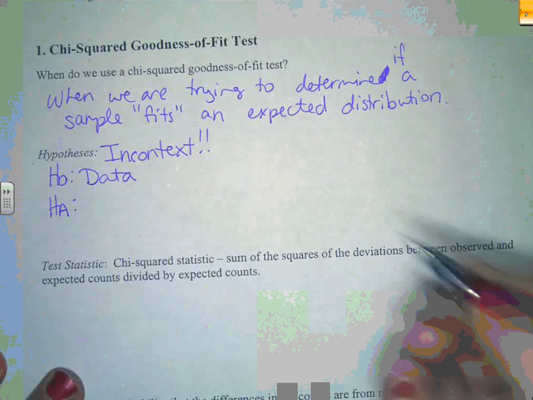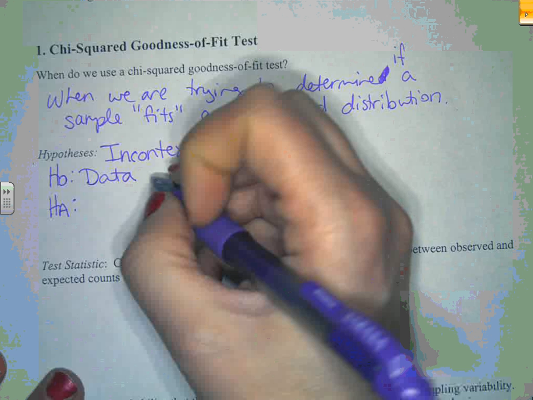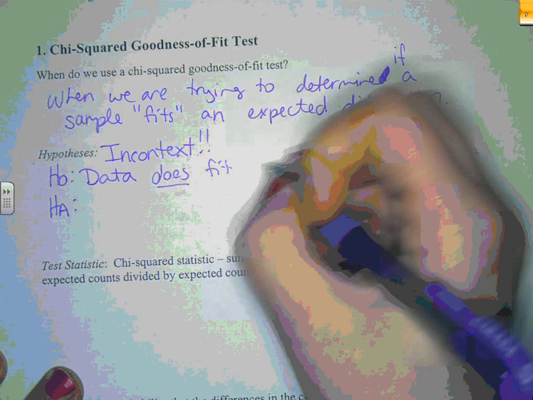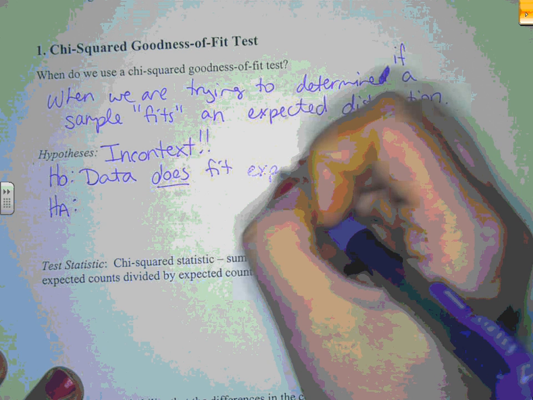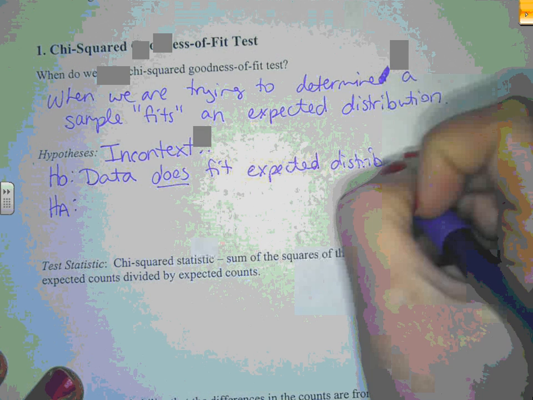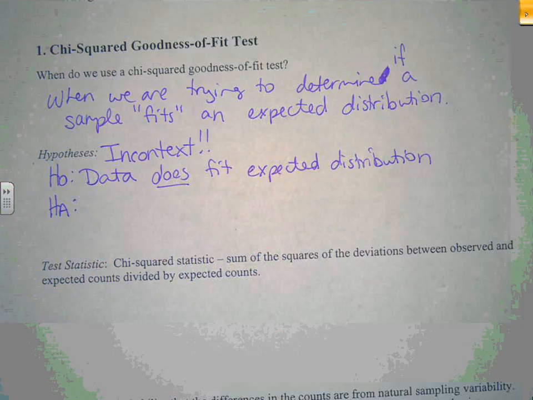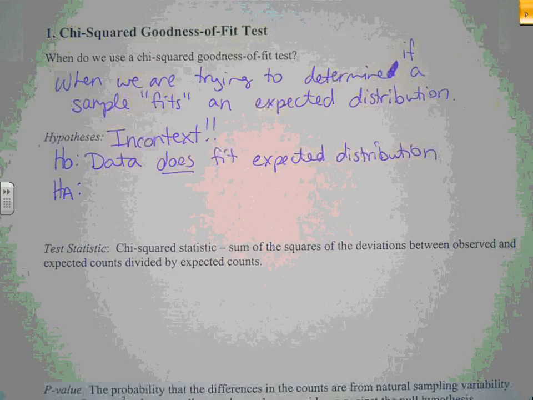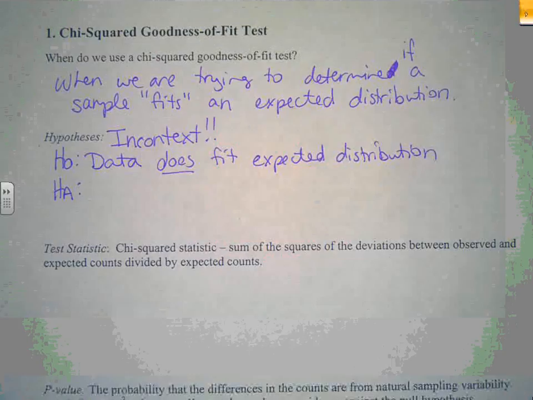Basically the null hypothesis is that your data or your sample does fit the expected distribution. And then what would the alternative be? Does not. Yeah, it does not.